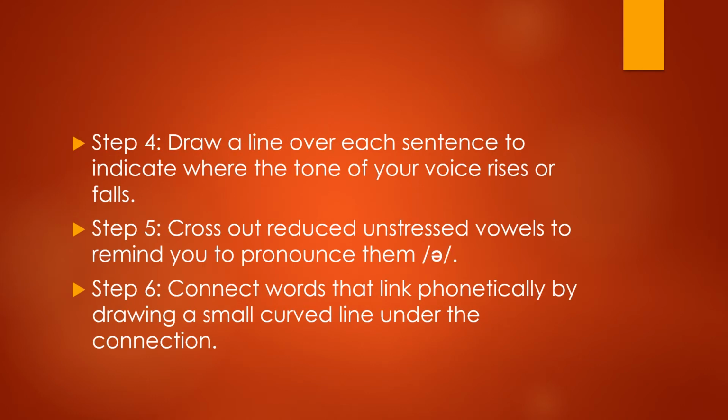Step 4, draw a line over each sentence to indicate where the tone of your voice rises or falls. Step 5, cross out reduced, unstressed vowels to remind you to pronounce them. Step 6, connect words that link phonetically by drawing a small curved line under the connection.